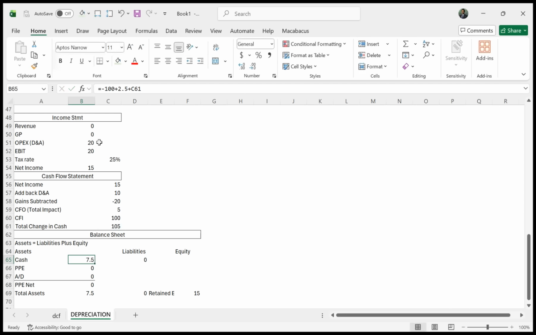The other thing too, don't forget, so that's 20, you actually need to take this and subtract the 10 of the depreciation that's coming through. 7.5, 7.5, 97.5.